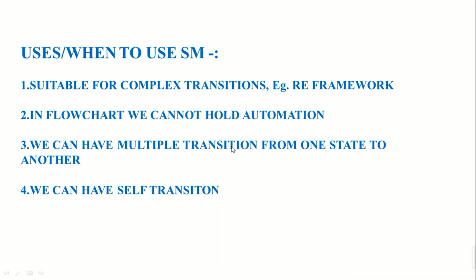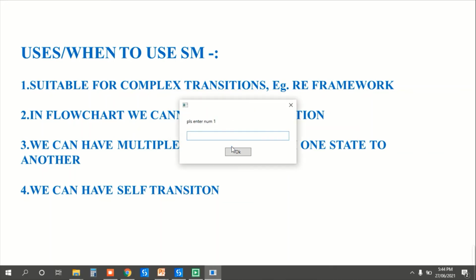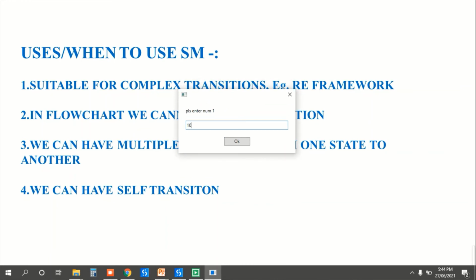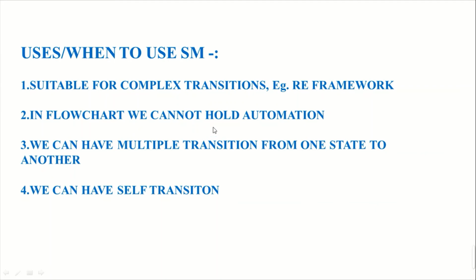Then "please enter num1". Let's say number 1 is 10. This is the trigger activity. We have put the number 1 and number 2 under the trigger of the first transition.